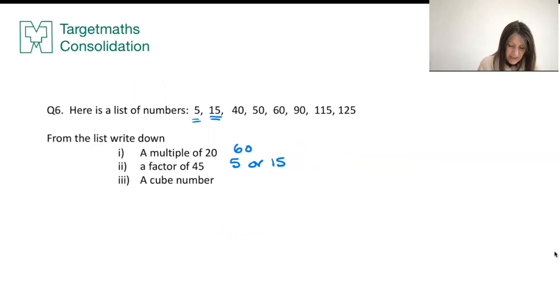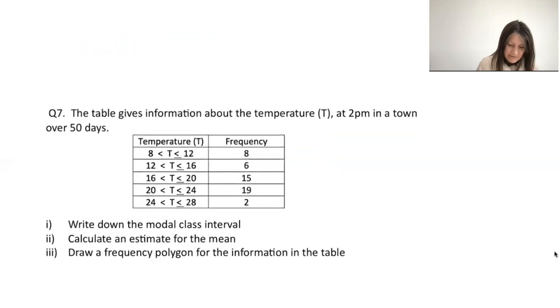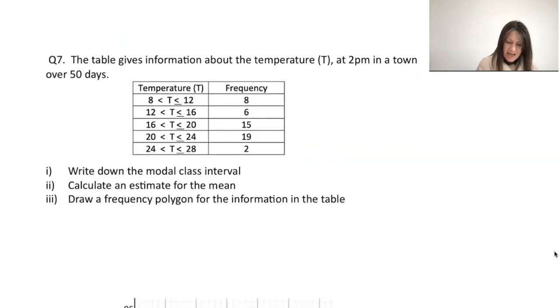And the cube number, a number multiplied by itself, like 2 times 2 times 2, or 3 times 3 times 3, is 125. That comes from 5 cubed, 5 times 5 times 5. Okay. Right, pause and hit play when you are ready.